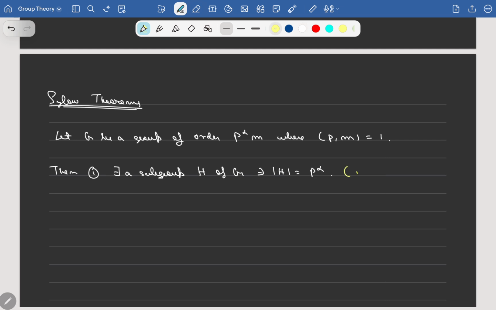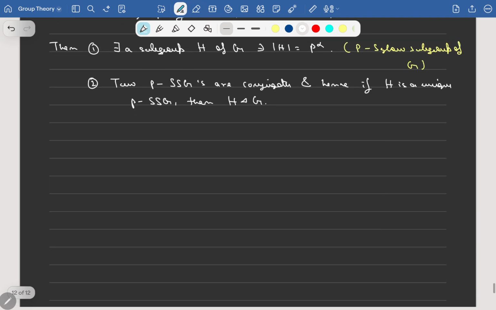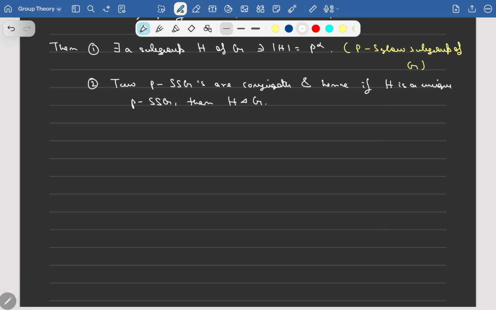Such a subgroup is called a p-Sylow subgroup of G. Next, number 2, any 2 p-Sylow subgroups are conjugates, and hence if H is a unique p-Sylow subgroup, then H has to be normal in G. So unique Sylow subgroups will come out to be normal.